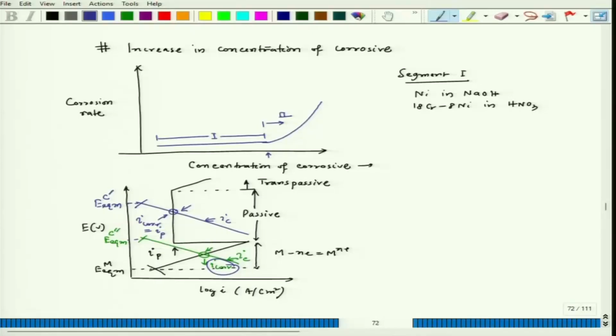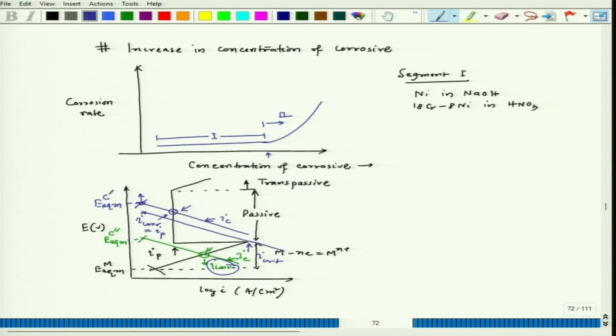Why? Rather, how? If we increase the concentration, let's say this is my initial concentration, I know that I have to look at the critical concentration, which will be crossing the I critical. If we go back to our lecture 27, you will get to know the importance of this I critical.